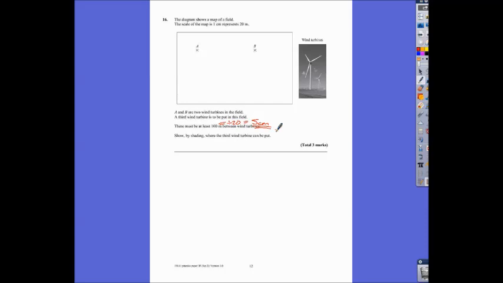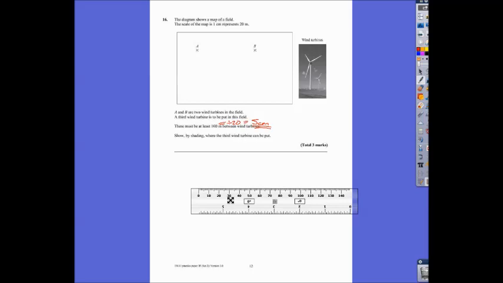So this time we need to get our ruler, and we need to get our compass, and we need to put our compass at 0 and open it out to 5 centimetres, as accurate as you possibly can. Then we put our compass at A, and we could draw our circle in for round A. Then we could put our compass at B, and we could draw our circle around B. So this here is the area where we can put our wind turbine.